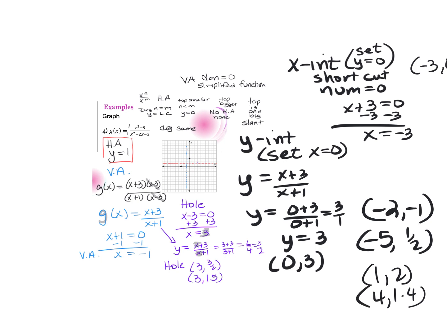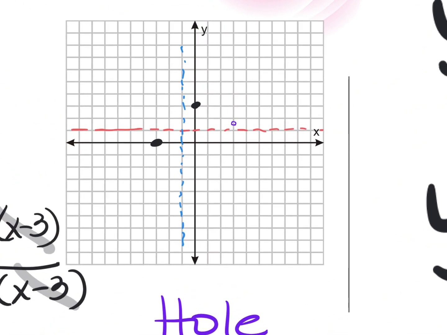So let me graph these, and then we'll go ahead and see these boomerang shapes. So (-2, -1) and (1, 2). So again, it's going to go like this.